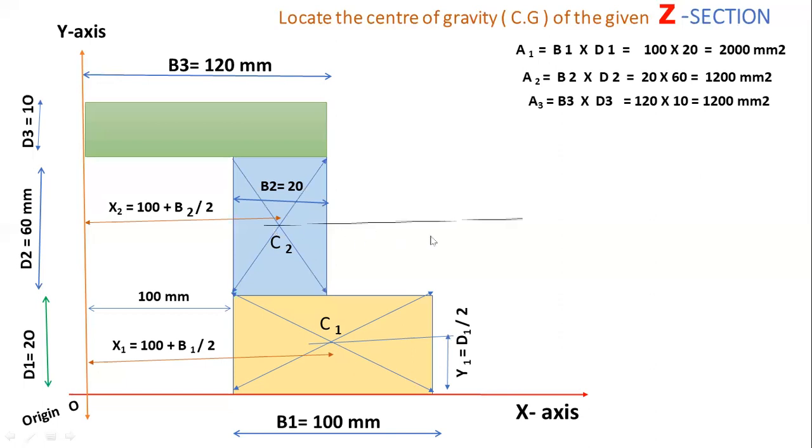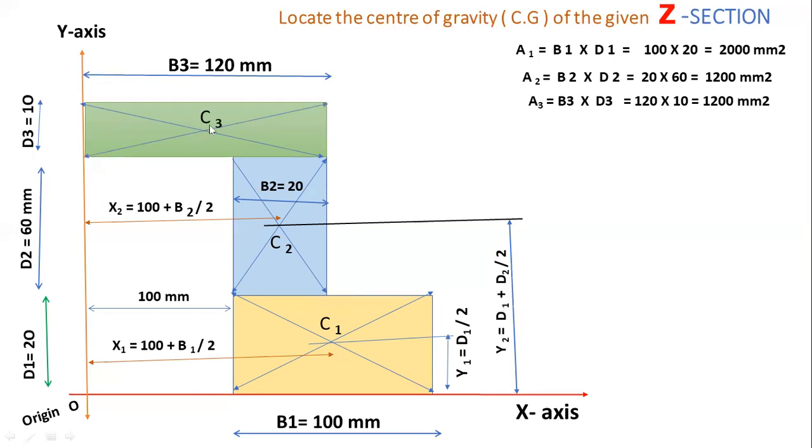Now y2 is the distance of centroid C2 from the x-axis. Y2 equals the depth of the bottom rectangle plus half of the depth of the middle rectangle, D1 plus D2 by 2. Here D1 equals 20 mm, D2 equals 60 mm, so 20 plus 30 equals Y2. In a similar way, I am drawing the diagonal lines for locating the centroid C3.